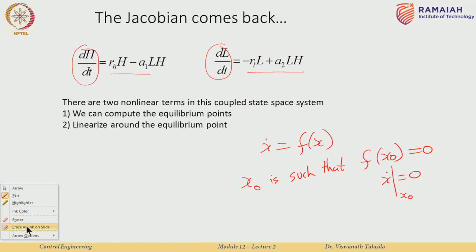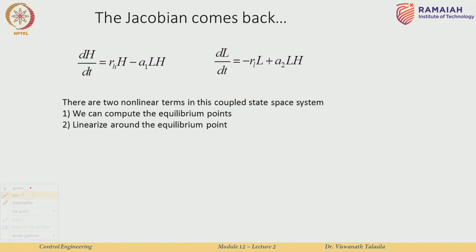And that is of course fairly simple, because in this case it is just algebraic expressions. So, we set dH by dt equal to 0, and this basically means RH times H minus A1 LH is equal to 0. Let us call it equation number 1.